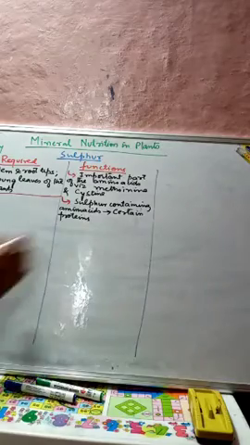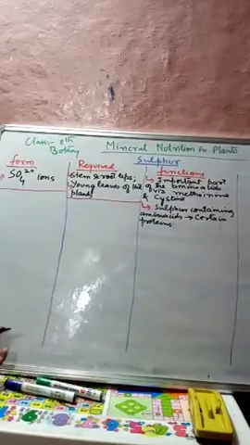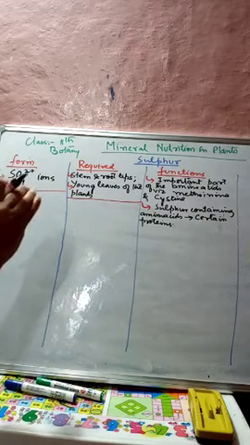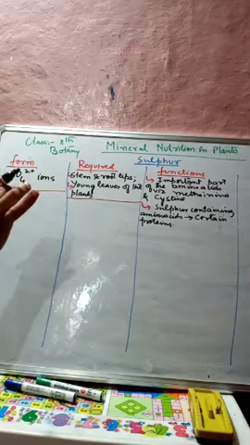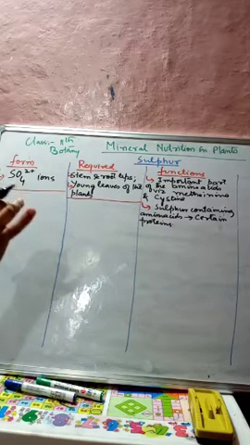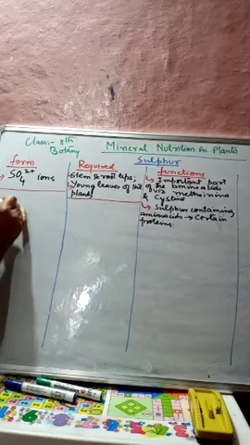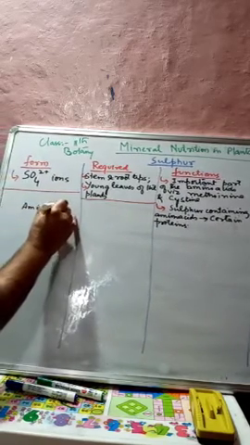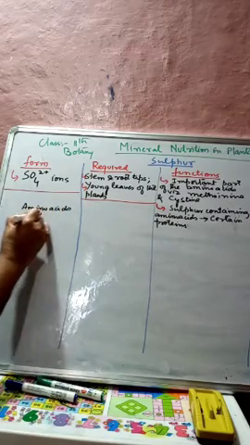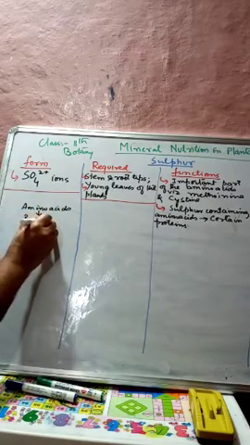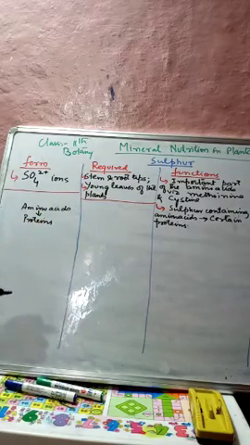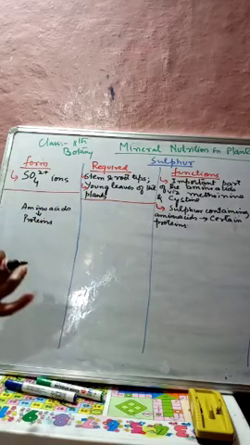See here. In order to understand this, see here. What you have studied is that when amino acids combine together, they join and form the proteins.